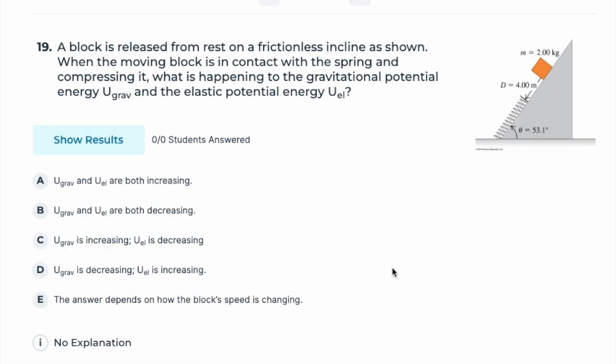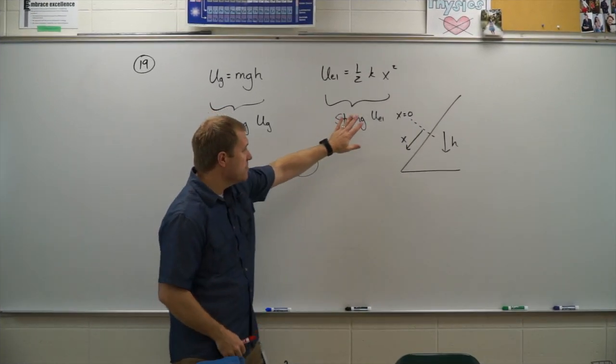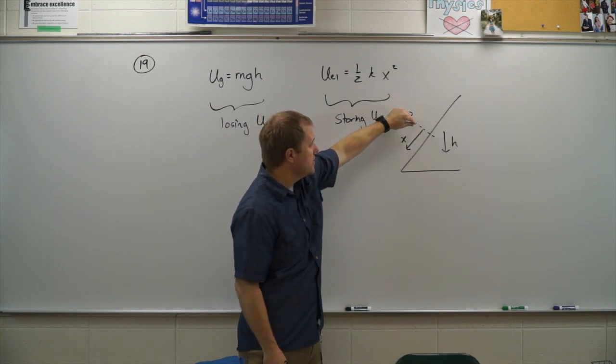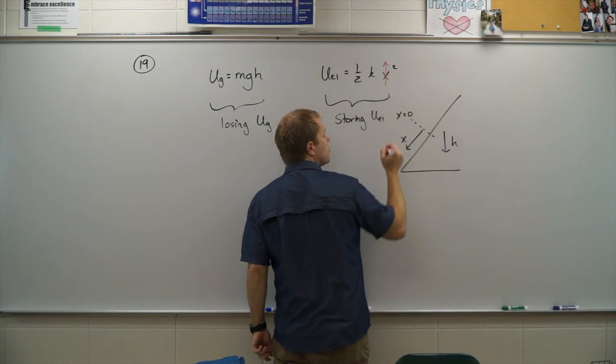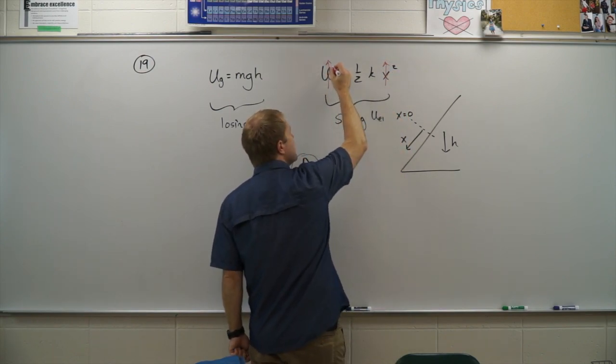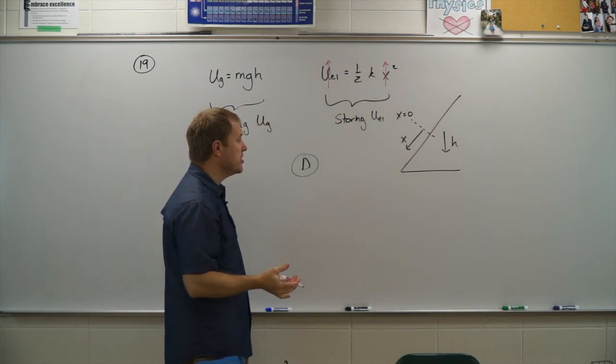A block is released from rest on a frictionless incline as shown. When the moving block is in contact with the spring and compressing it, what is happening to the gravitational potential energy, UG, and the elastic potential energy, UEL? All right, so as this block goes down, it's going to be increasing the amount the spring is stretched, which increases the amount of elastic potential energy stored.